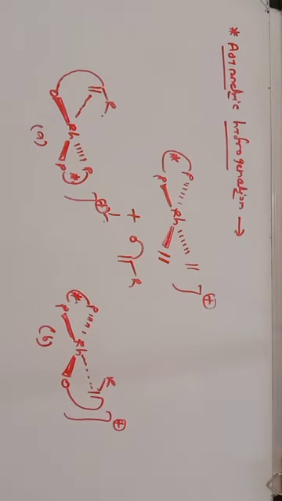If you see this, this is the mirror image of this. So this is the mirror image of this. So they are not enantiomers because the phosphine ligand and the ring are not in the same plane. They are in different planes. Therefore, they are considered as diastereomers. They are not considered as enantiomers.